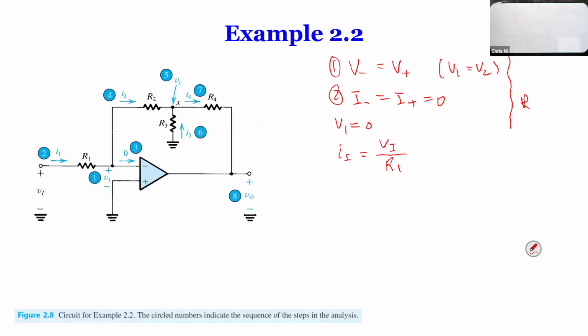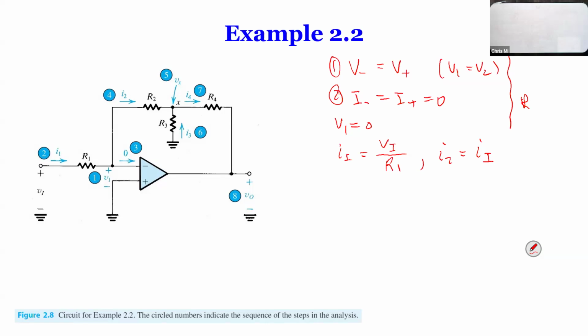So if no current, again, no current going into the inverting terminal, all the current I1 will go where? It's going to go up. Therefore, you will find I2 equal to how much? I2 is equal to I1, right? So now you do have a problem, that we cannot find I3 and I4 because there's node Vx over there.